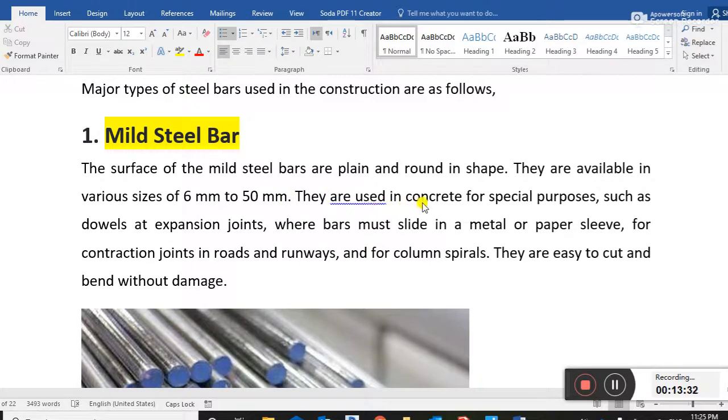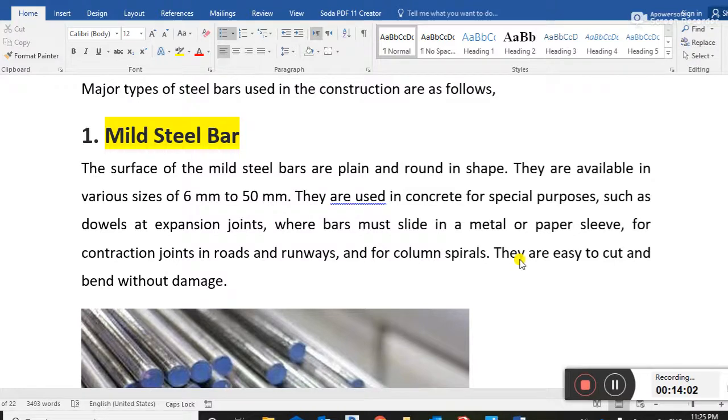They are used in concrete for special purposes such as dowels, expansion joints, where bars must slide in a metal or paper sleeve, for contraction joints in roads and runways, and for column spirals.